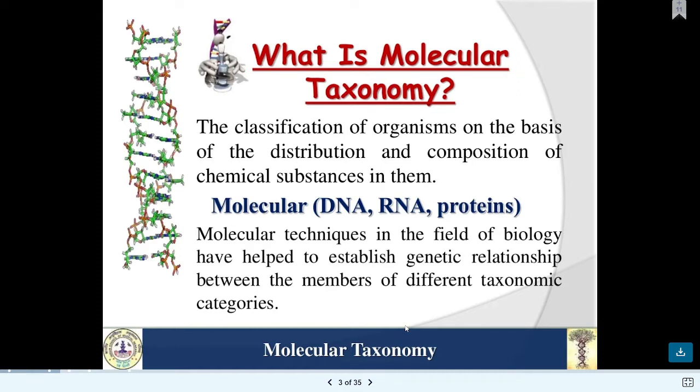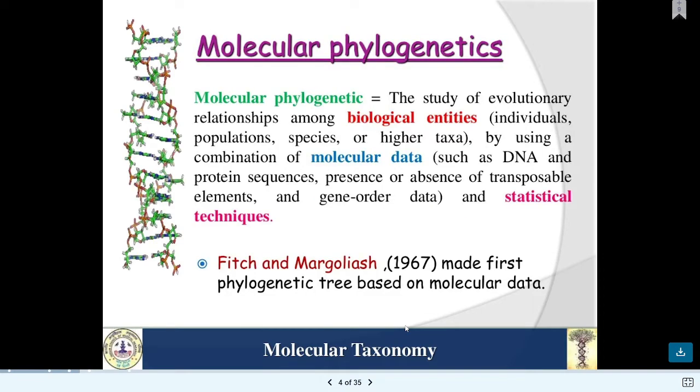Molecular techniques in the field of biology have helped to establish the genetic relationship between the members of different taxonomic categories. So, molecular phylogenetics. What is meant by molecular phylogenetics?